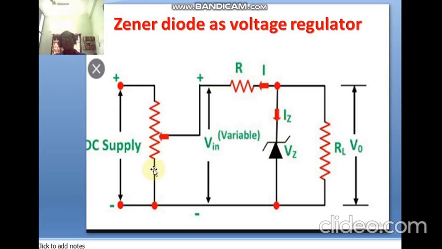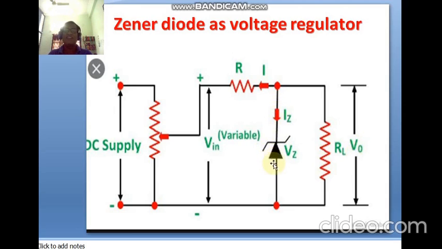That means if a variable current is entering, meaning either high or low voltage is supplied to the circuit input through Rs, the value of Vz is always constant, for lower values as well as higher values. So Vz is treated as the output voltage, Vo is equal to Vz.